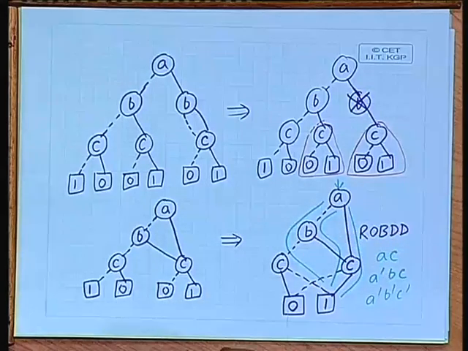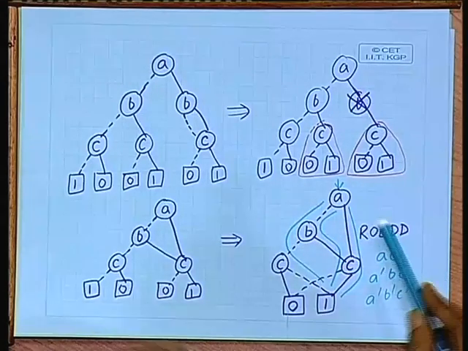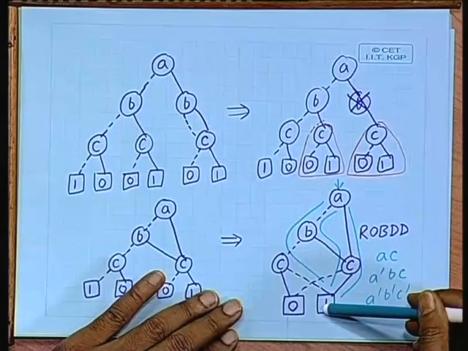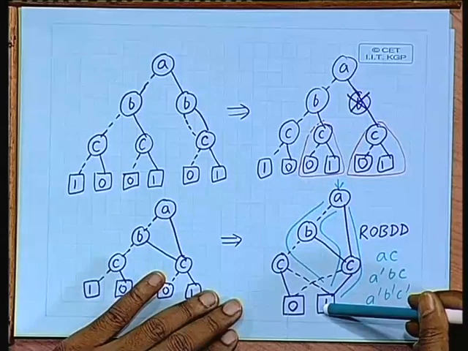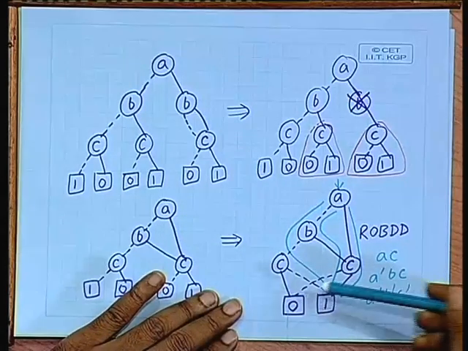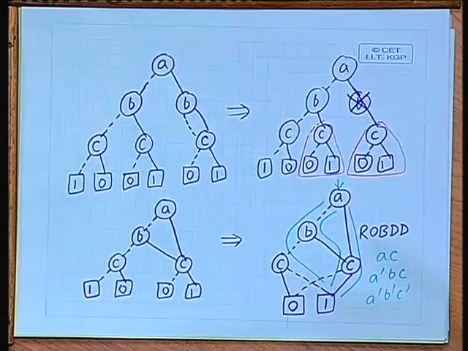So just by scanning the BDD or the ROBDD, you can also find out that under what input combinations you will be getting the function as true. Okay. And you can do similarly for the false, under what combinations it is 0.